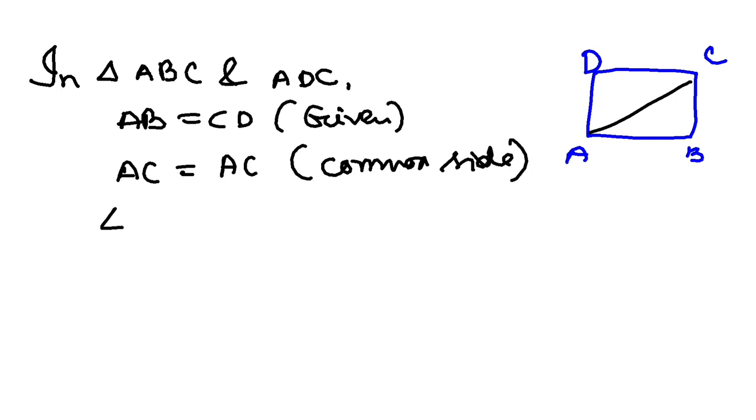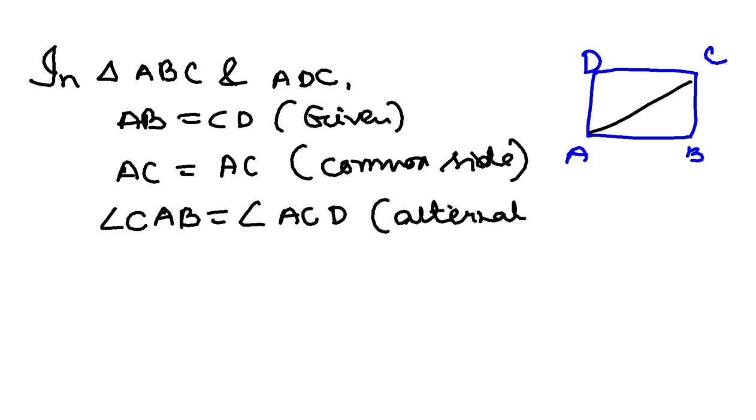And then very interesting, I have angle CAB equal to angle ACD, alternate angles, right? That means these two angles are equal, isn't it? Okay, so these two triangles are now congruent.